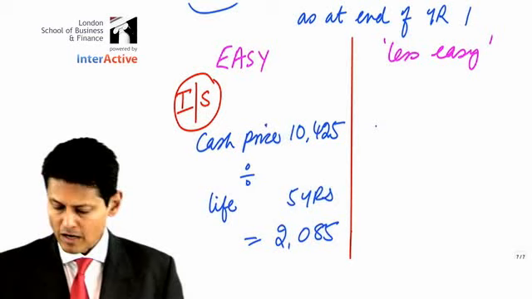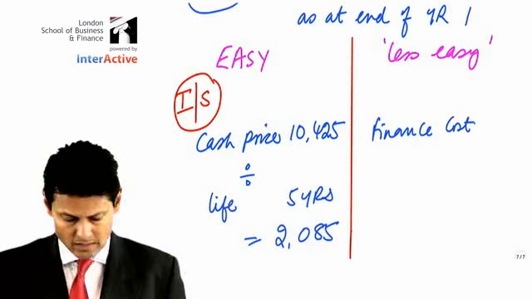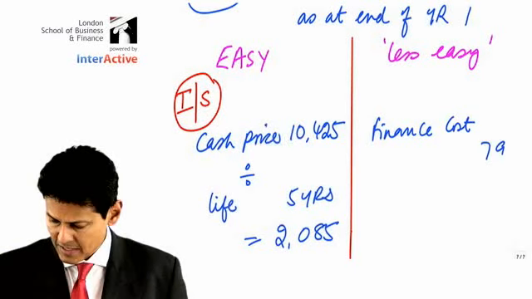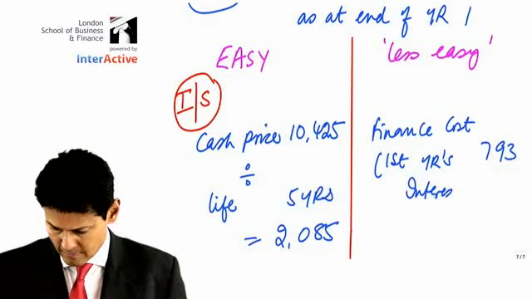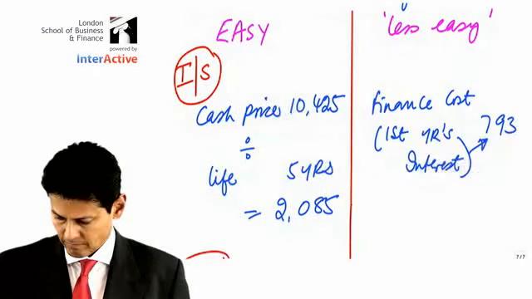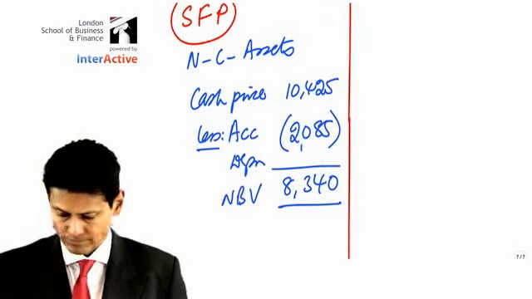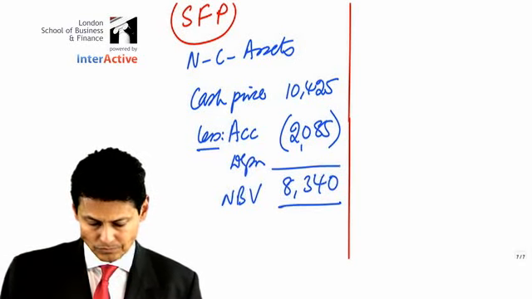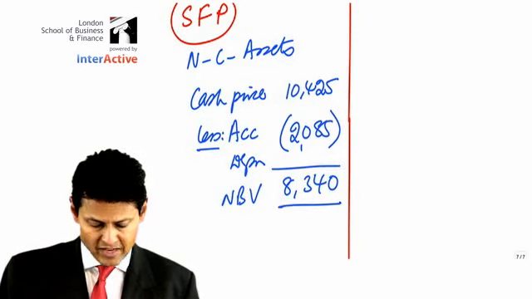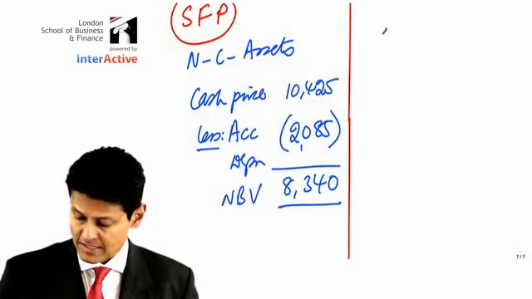Here we are. Obviously, in the income statement, we have the finance cost, which is the first year's interest, 793. We'll then come to the statement of financial position. Clearly, at the end of the first year, we have a figure of 8718 that we need to split.